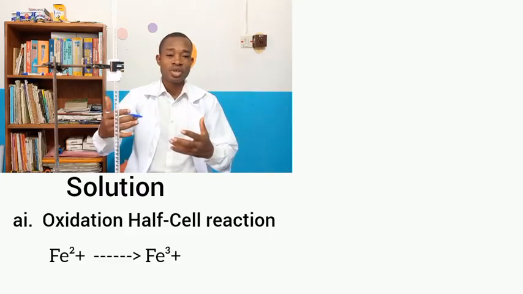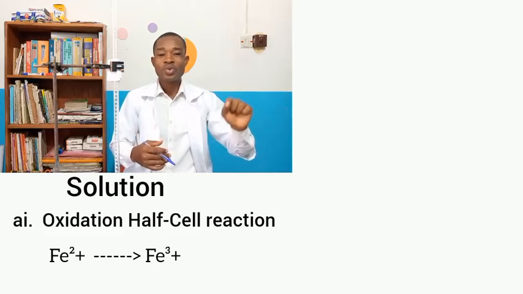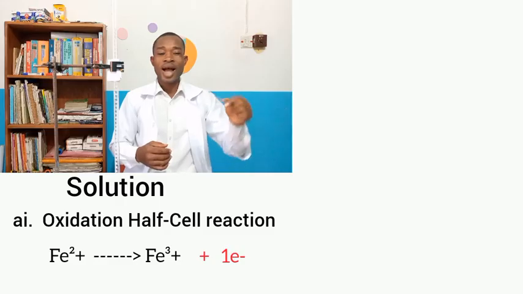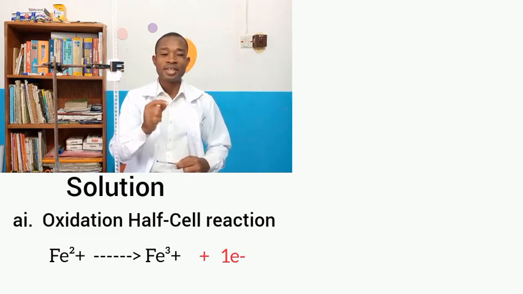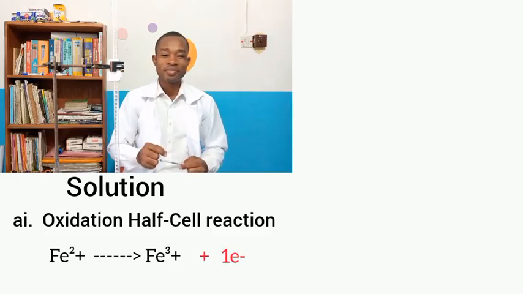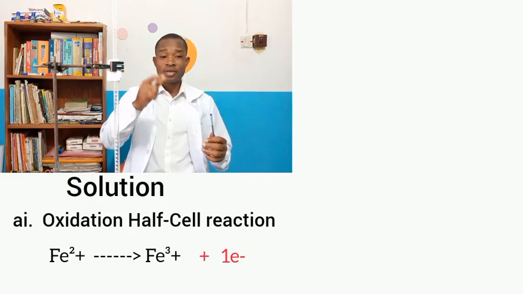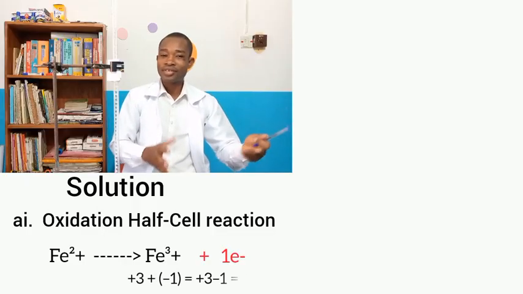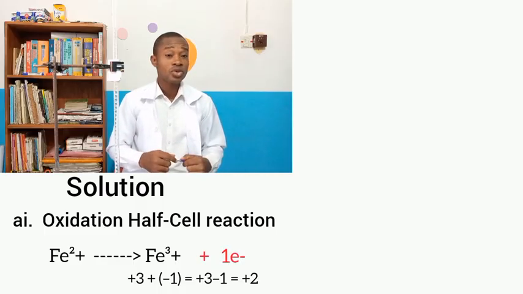After the iron 2 ion is oxidized, we get iron 3 ion, then plus 1 electron. Yes, 1 electron, because if you have 3 and you add minus 1 to it, remember electron is minus like I said. So adding 1 electron means you are adding 1 negative charge. So what is going to happen? You have on the product side now positive 3 for iron 3, then plus minus 1 electron. And so if you do 3 plus minus 1, you get plus 2.